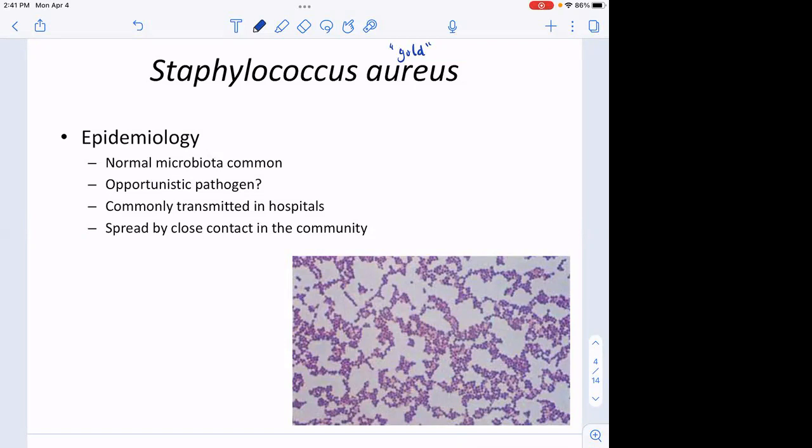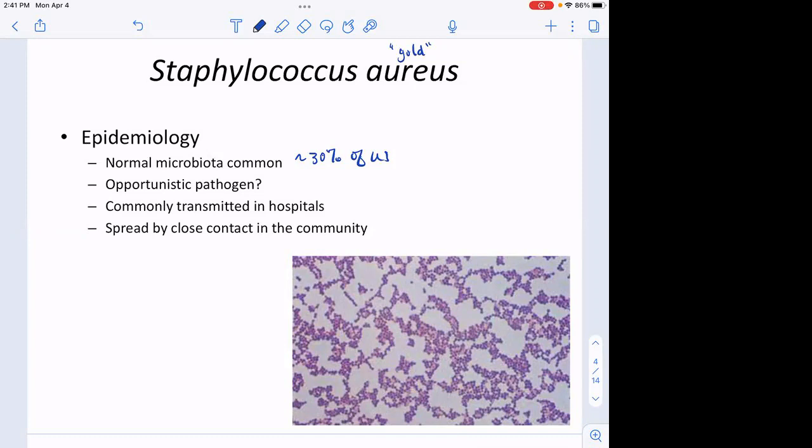Staph aureus can be considered, for some of us, part of our normal microbiota. About 30% of us, we could test and find that we're carriers, at least transiently, for Staph aureus. Sometimes we may consider them an opportunistic pathogen, and scientists argue about whether to call them a true pathogen or an opportunistic pathogen.